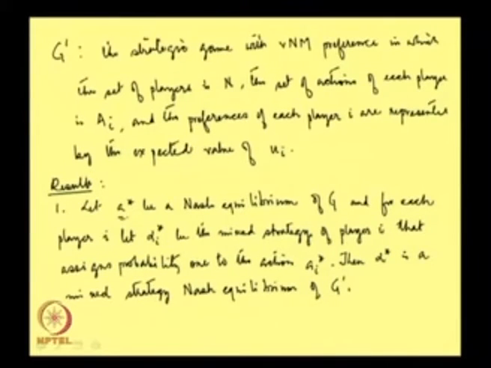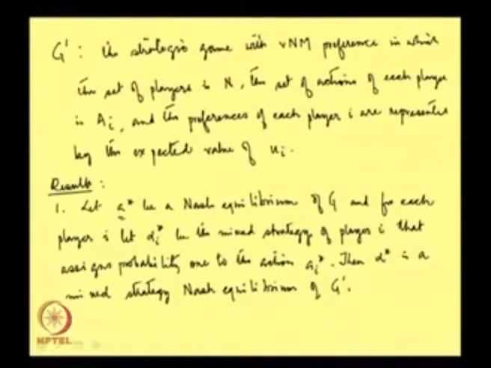Now, we construct a mixed strategy for each player, which is, suppose for player I, this mixed strategy is called alpha I star. In that mixed strategy, it is just the case that this action AI star has probability 1, which means that the other actions of player I have probability 0.